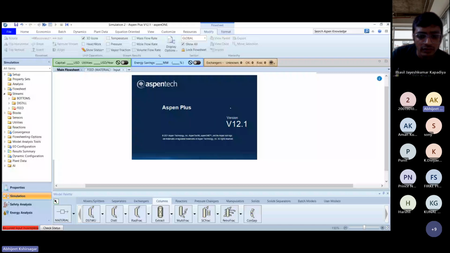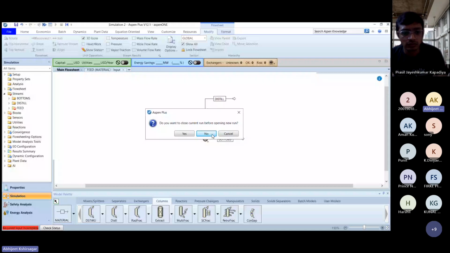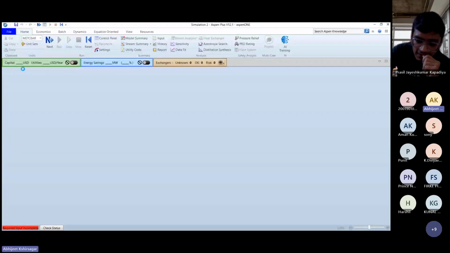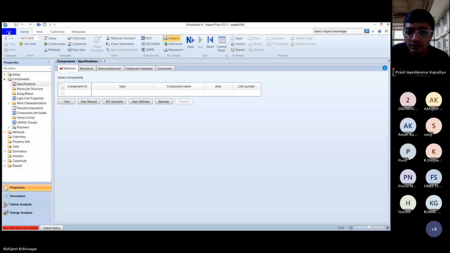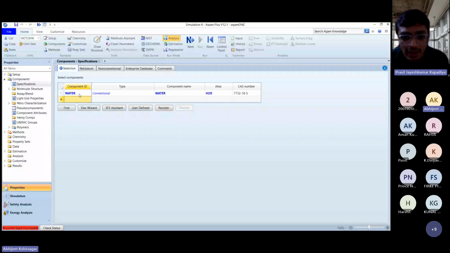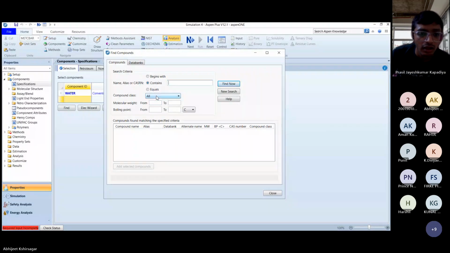There is another window open. Same problem here, it's hanging. Okay, what are the components? Water, MEK, and octanol. Just write MEK, it will show.